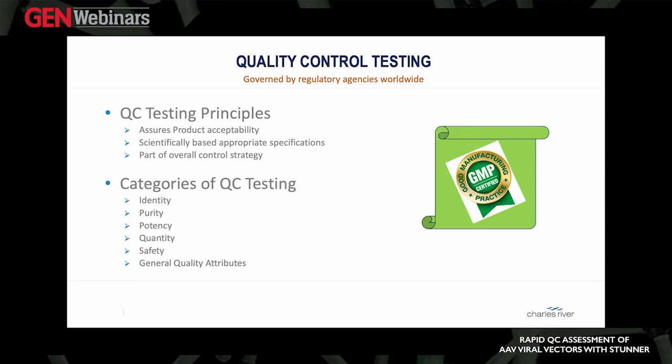And equally important, does the measured activity data correlate to the relevant biological activity? Safety, is the product free of unwanted bacteria, mycoplasma, viruses? And appearance and general quality attributes that include product-specific characteristics ranging from something as simple as pH to more of the complex secondary structure. And it is often these assays that are used in stability studies.